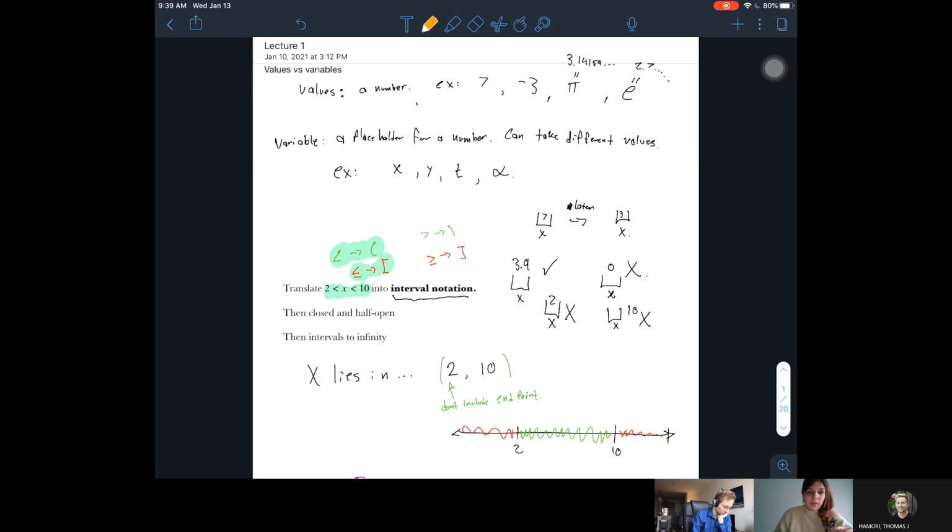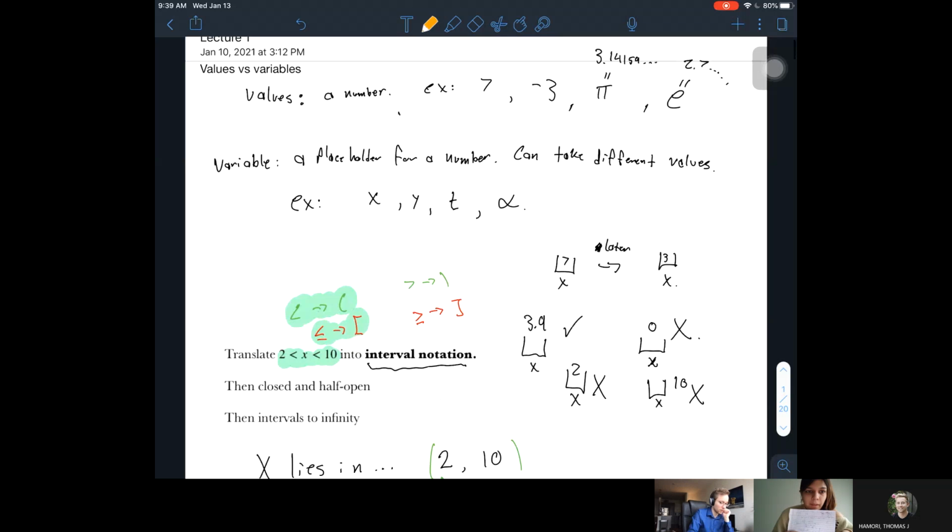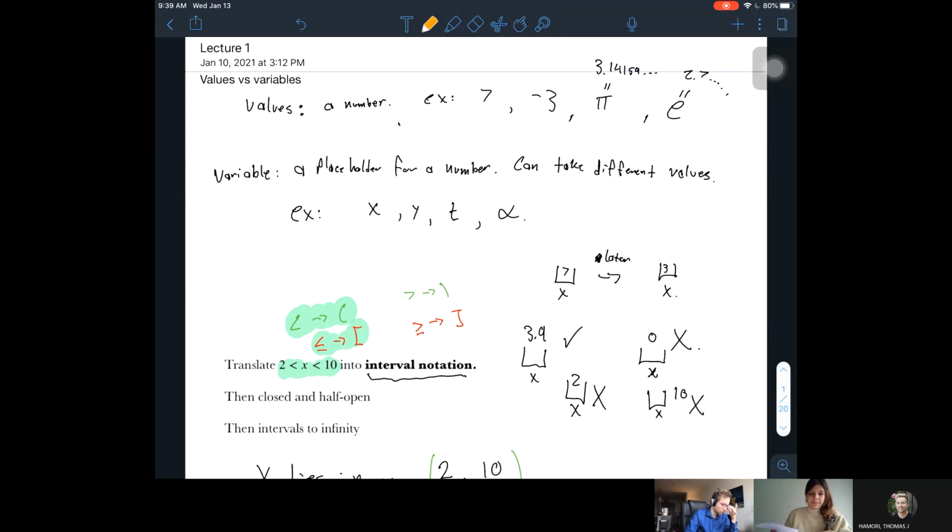These values versus variables. Actually, I got late, so I don't know about this. Can you re-explain these? Yeah, sure. Values versus variables, no problem. A value here is just the word that we use in math for a number. So if I say a value, I'm referring to a specific number.